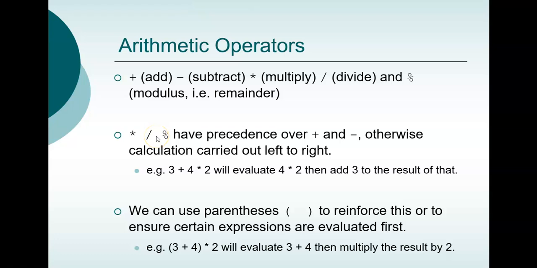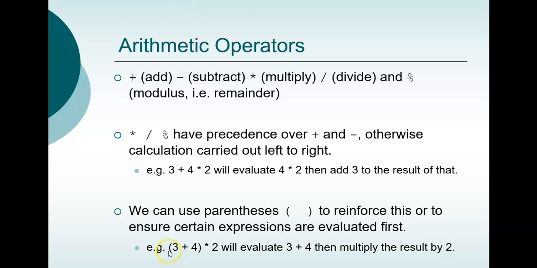Now, when you're looking at precedence, multiplication, division, and modulus have precedence over plus and minus. Which means when you are doing a calculation or an expression, for example 3 plus 4 times 2, the compiler will evaluate 4 times 2 before adding it to 3. So here you see 4 times 2, then it will add it to 3, unless you use parentheses to enforce the order.